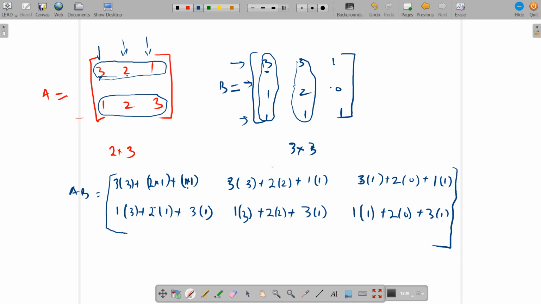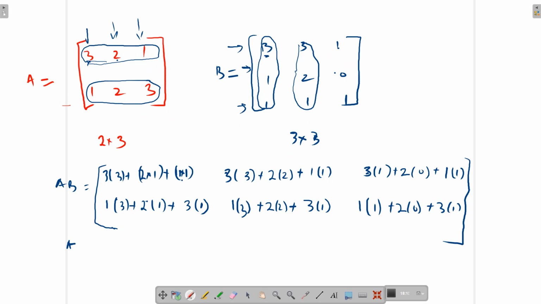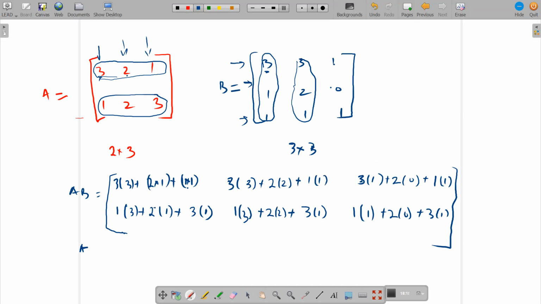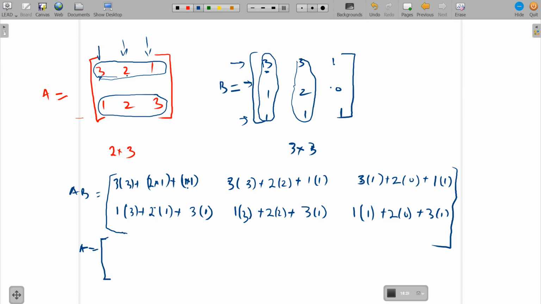So we just resolve what we have there. Okay. So we can now say our A will be equal to, we just have to be careful now. This is 9 plus 2, which is 11 plus 1, which is 12.